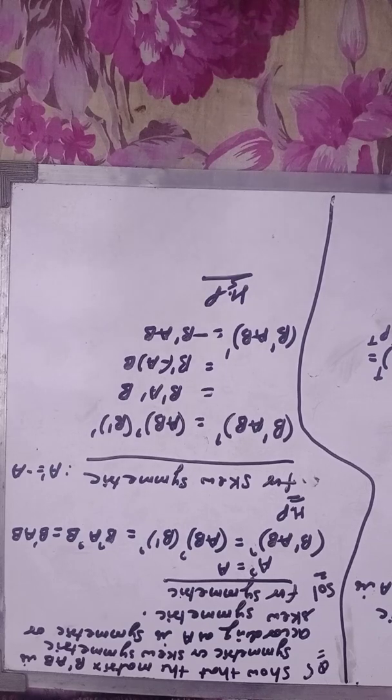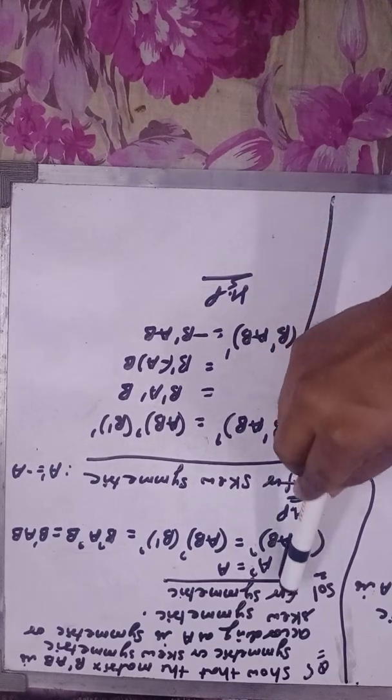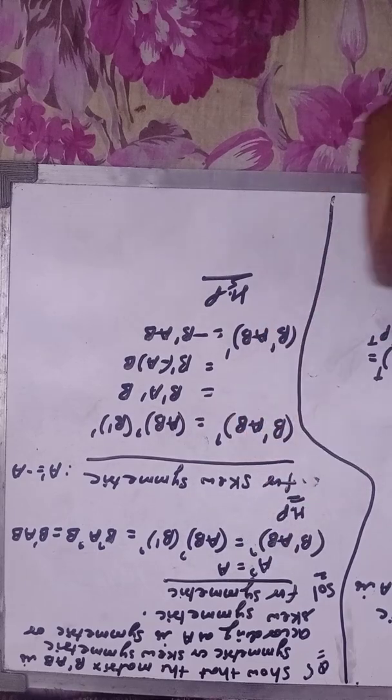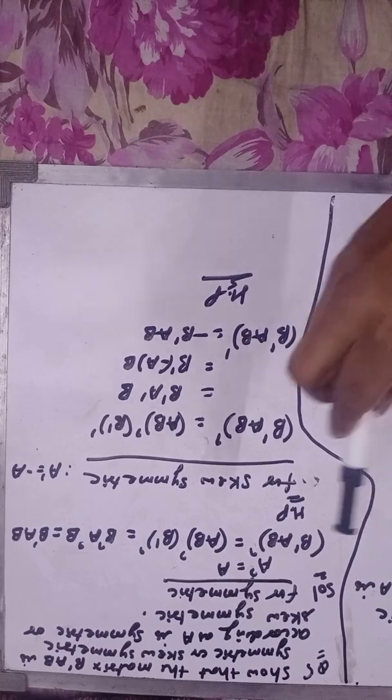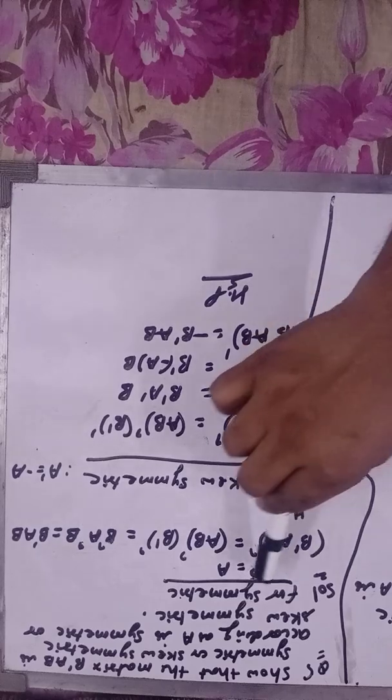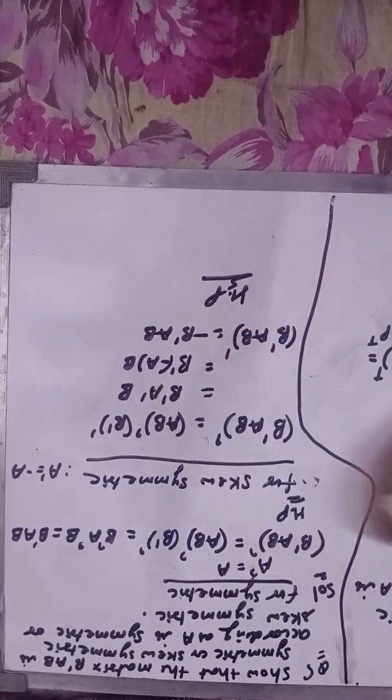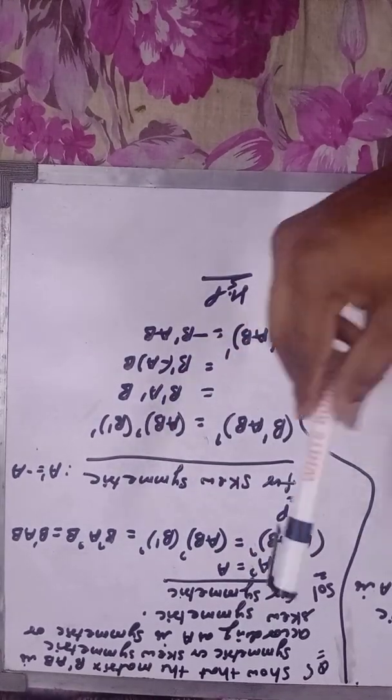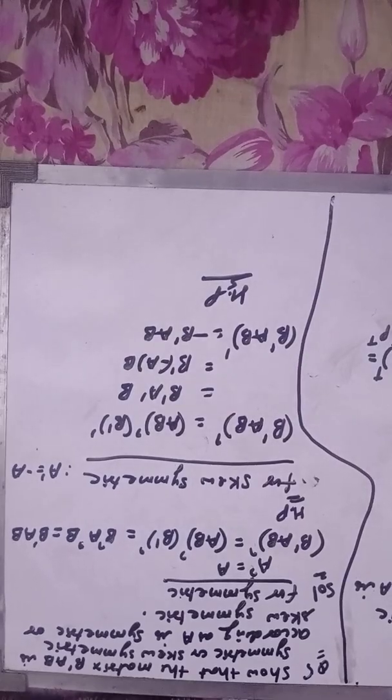Now, we assume that if A is symmetric, then A transpose must be equal to A. This condition we know.